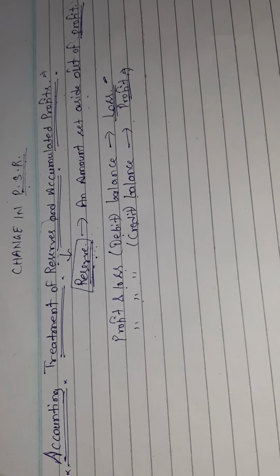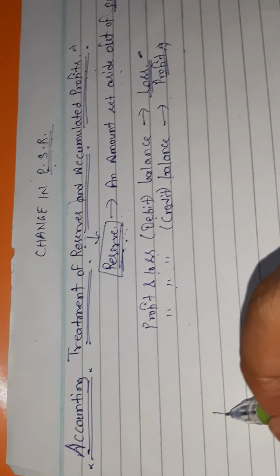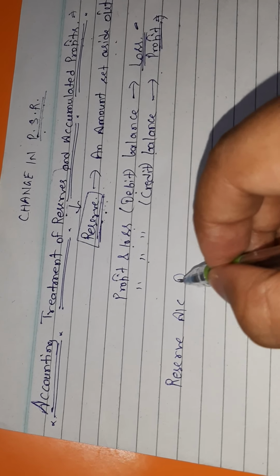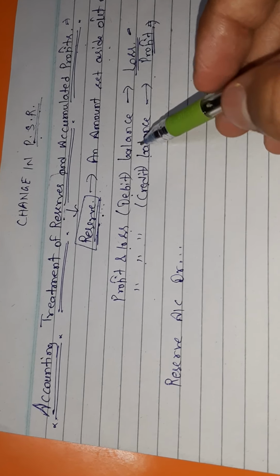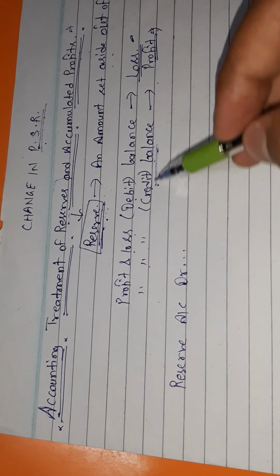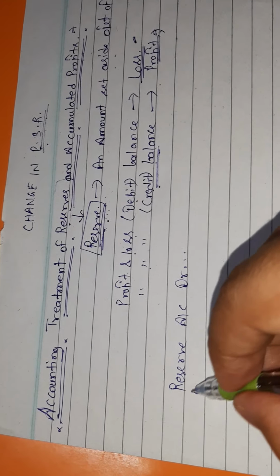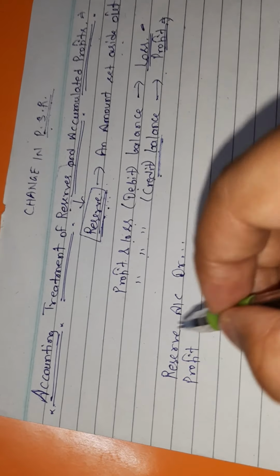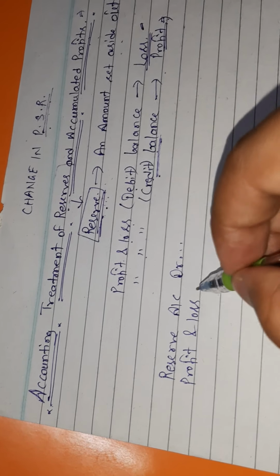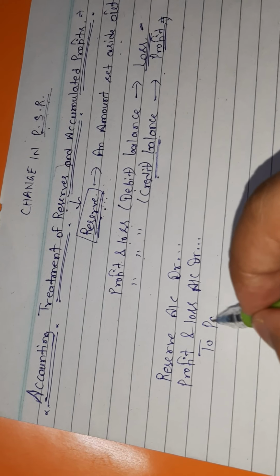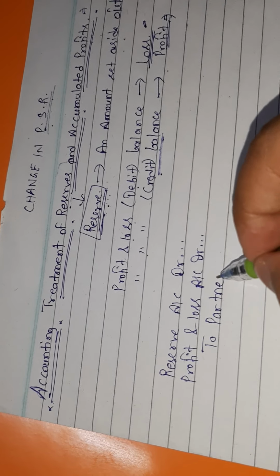So what entry do we have to pass for any kind of reserve? Reserve account debit, and for credit balance of profit and loss, profit and loss account debit, to partners capital account.